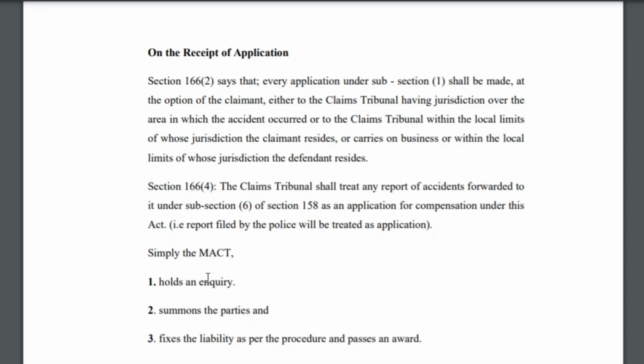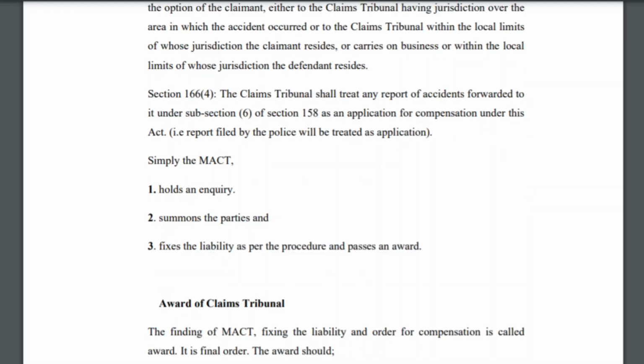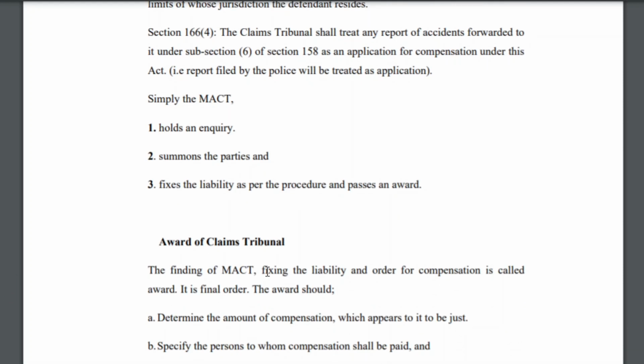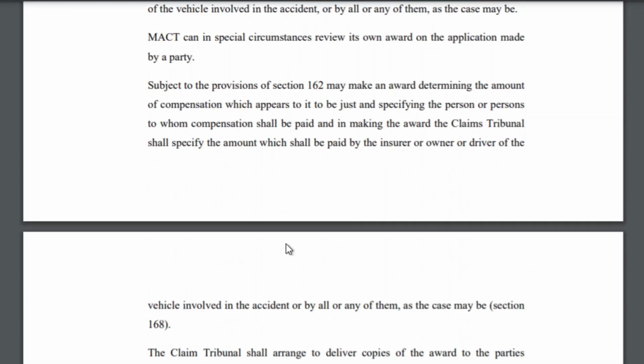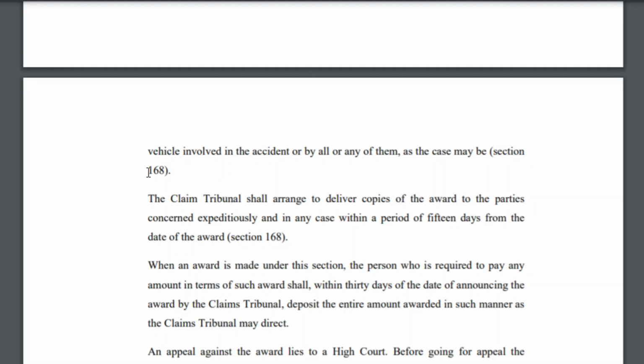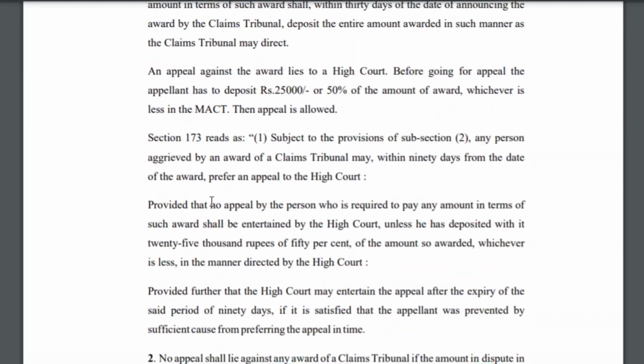That means it should hold an inquiry, summon the parties, fix the liability as per the procedure, and pass the award. Here, the award of the claims tribunal, its evidentiary value, and how it has to be executed. So these are all things we can see under the Motor Vehicles Act of 1988.